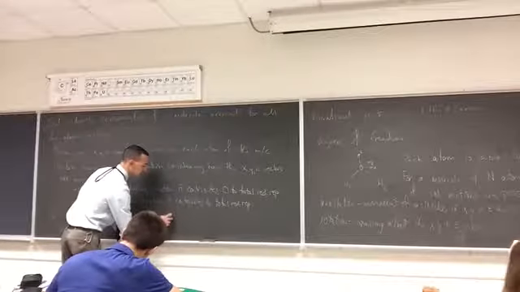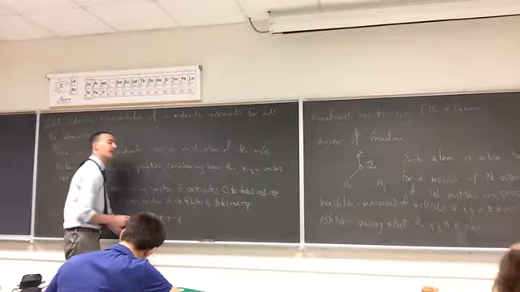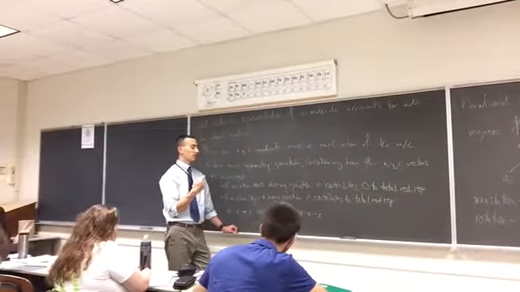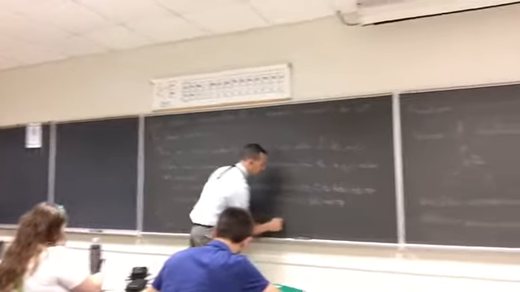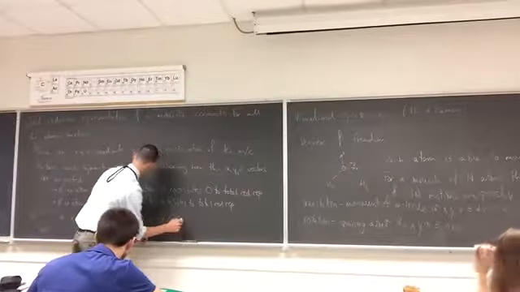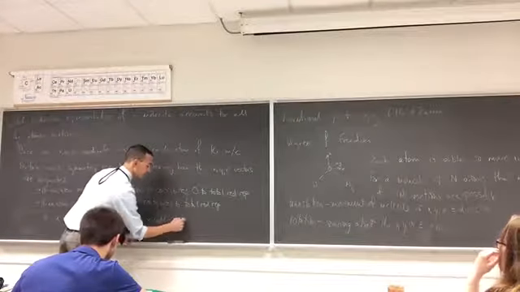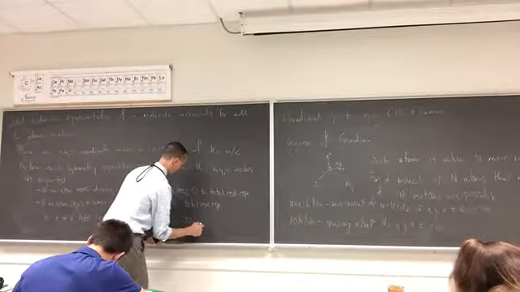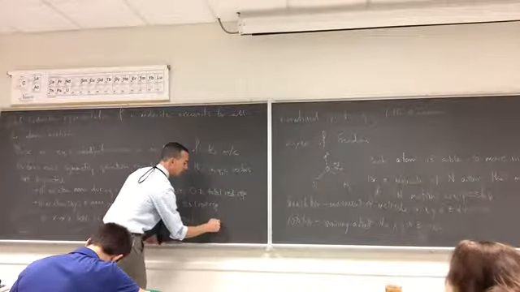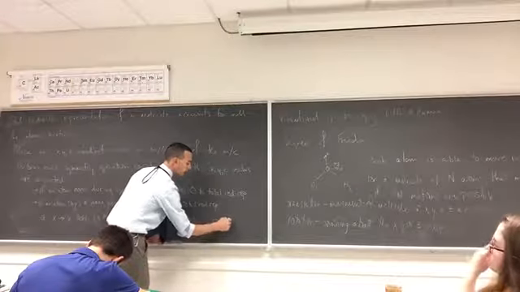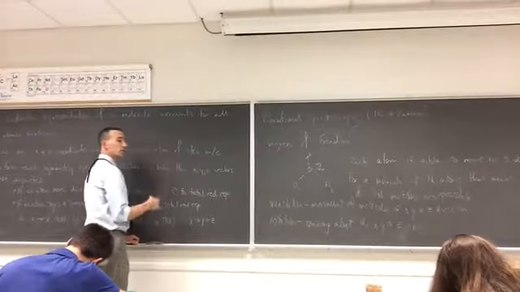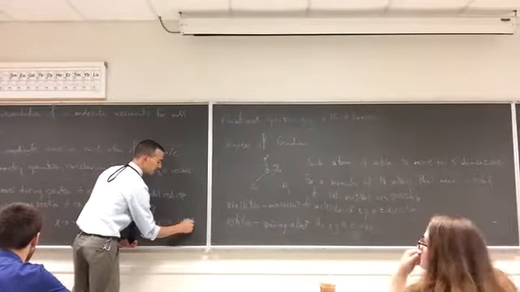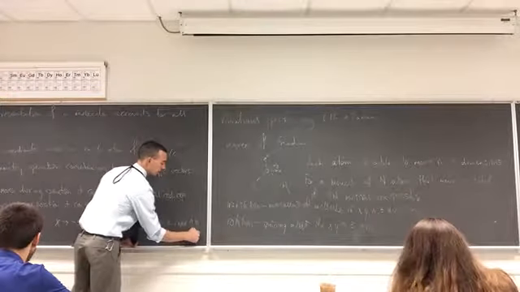If x transforms to negative x, because maybe it rotated 180 degrees, that's going to add negative 1 to the total reducible rep. If x transforms to y or z, to one of the other coordinates, that adds 0 to the total reducible rep.